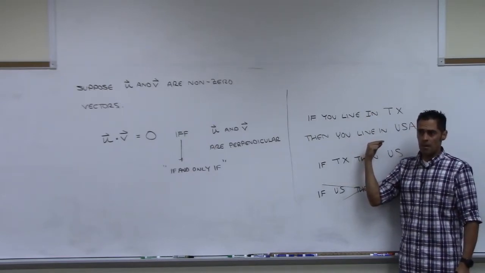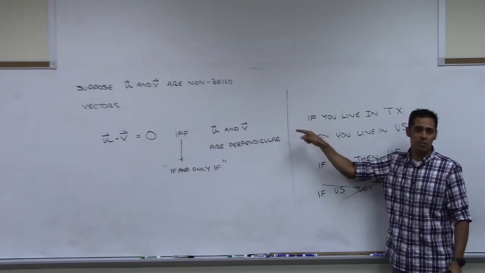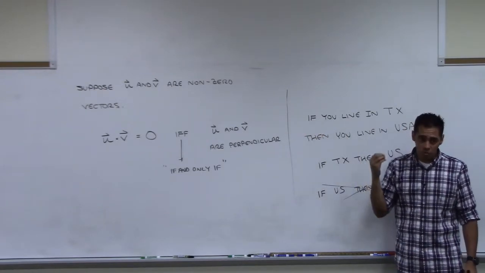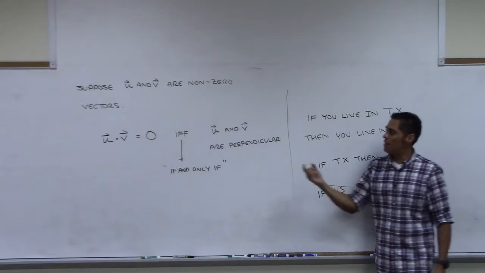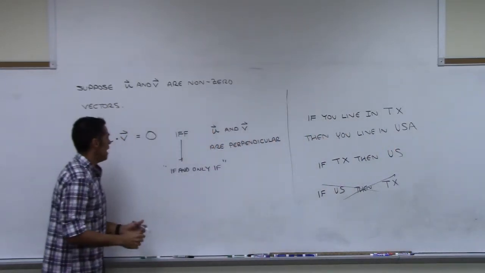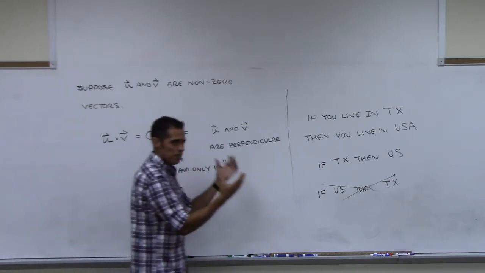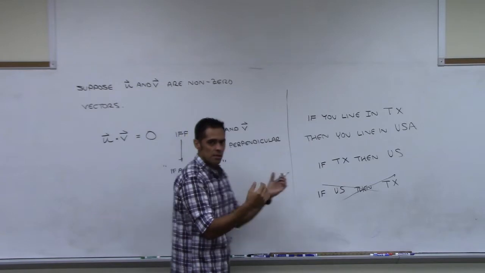Anytime you have an implication that works in both directions, that is a very strong condition. And that's what an if and only if means. An if and only if means that if your dot product is 0, then you must be perpendicular vectors.